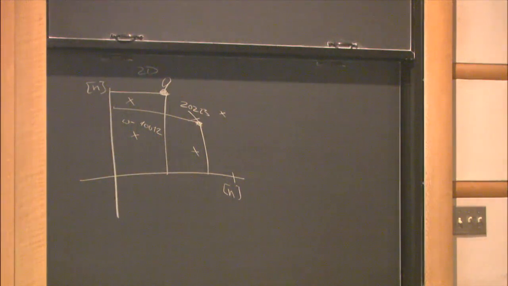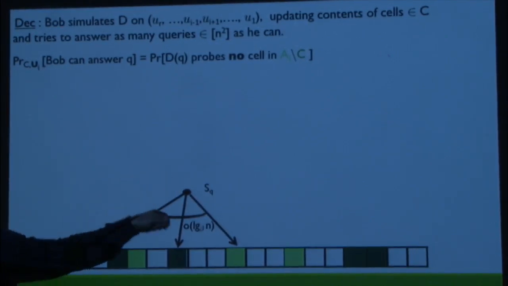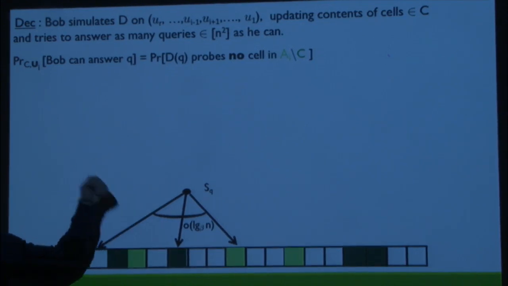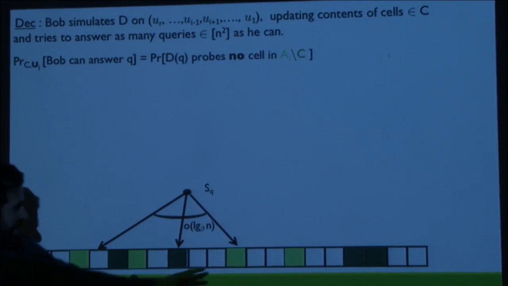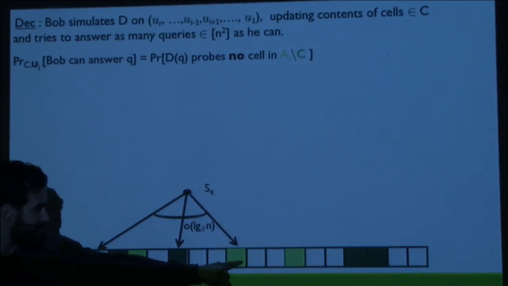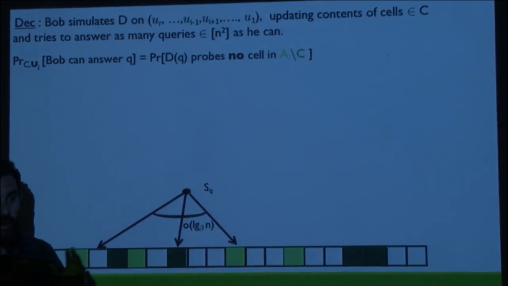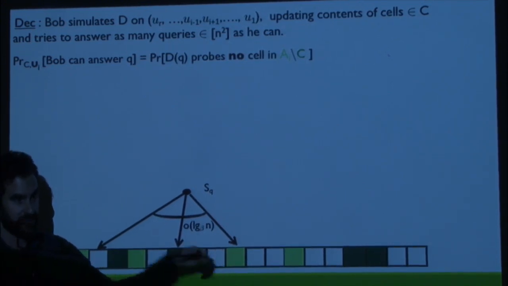Well, I claim it's just the probability that the set of cells, which we call S_Q, that the data structure probes, contains no unsampled light green cells. Because this is a bad situation: Bob thinks he has the right content, he thinks it's white, since Alice didn't subsample it, but the content is actually corrupted. So it's the probability that no unsampled light green cell is probed.